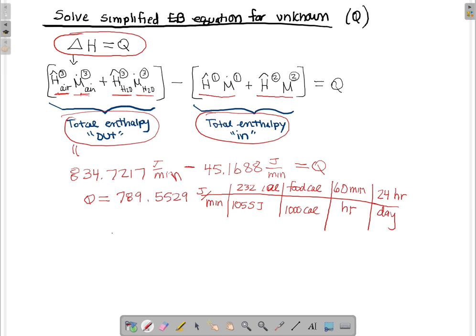When you multiply all of that out, I end up with Q equals 250 capital C calories, food calories, per day.